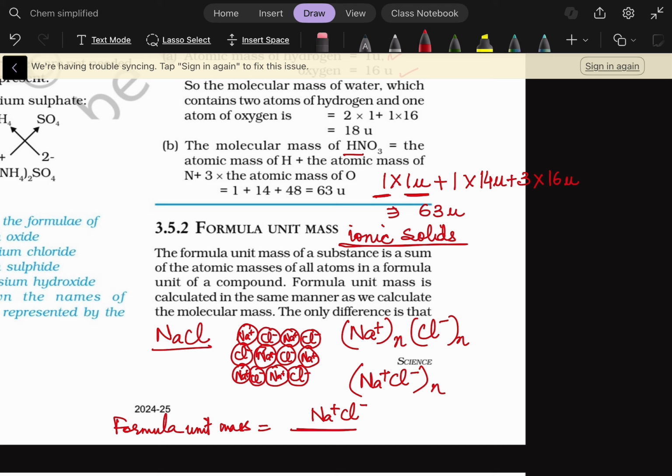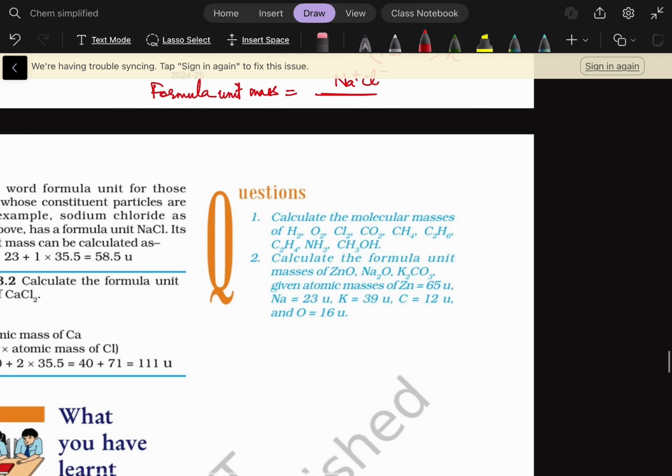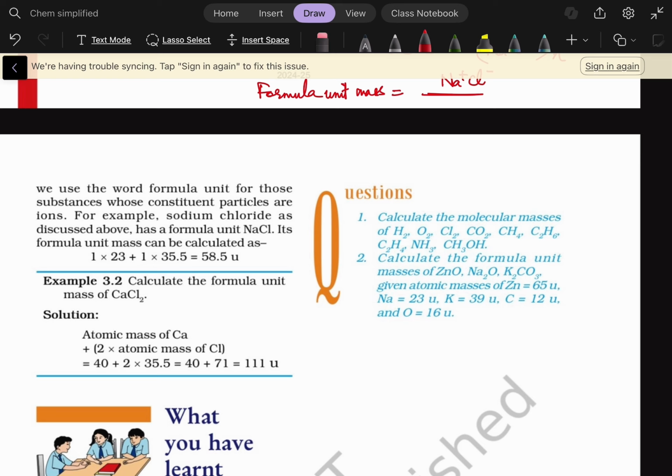The formula unit mass of a substance is also the sum of the atomic masses of the atoms present in one formula unit of the compound. For example, for sodium chloride, NaCl, there is 1 atom of sodium, and each atom of sodium has a mass of 23 u.